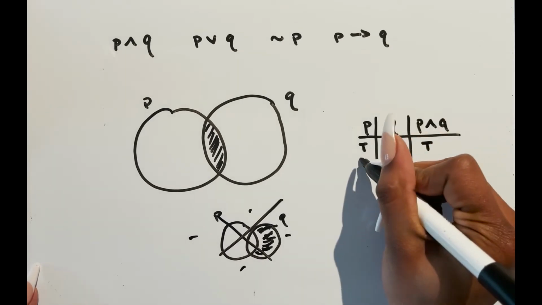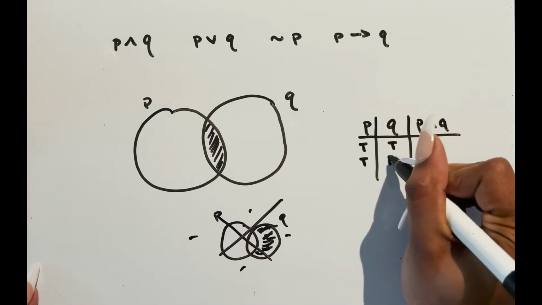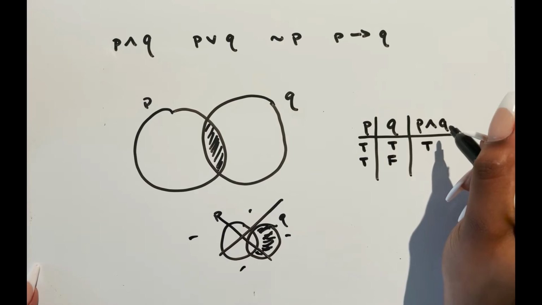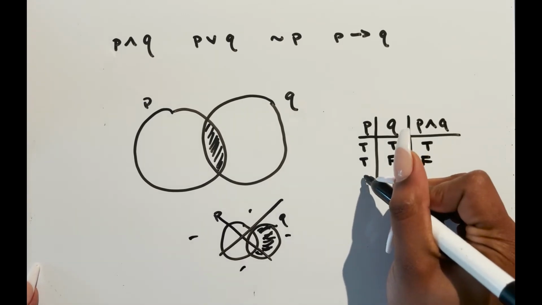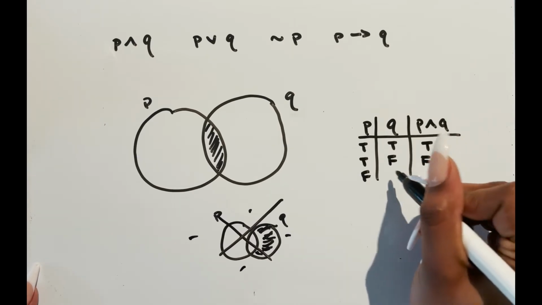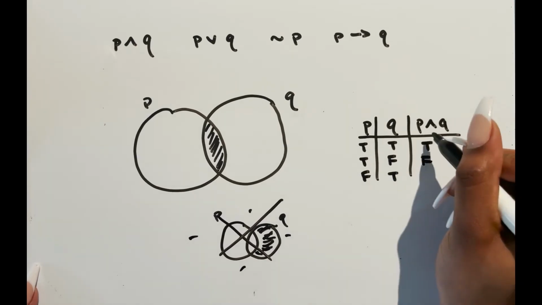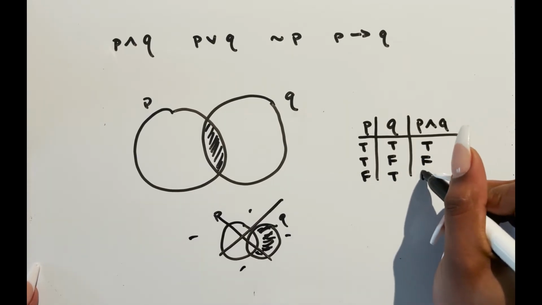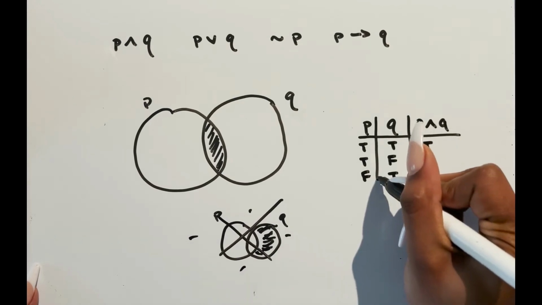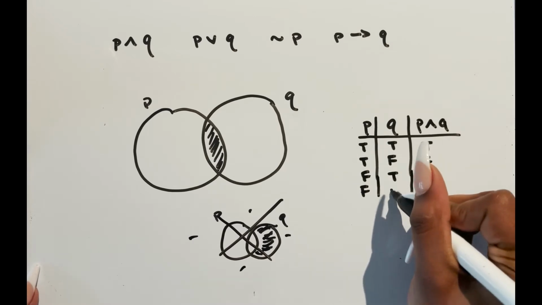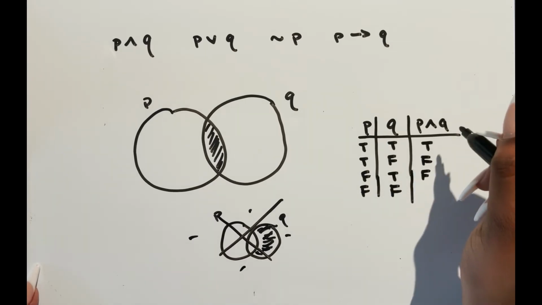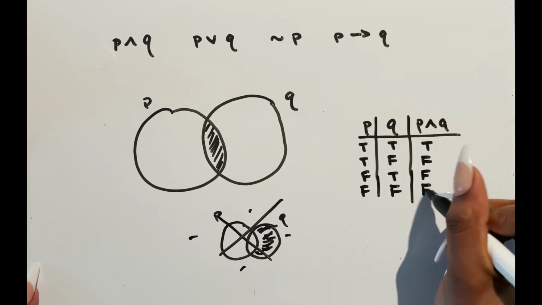When P is true and Q is false, then P and Q is false. When P is false and Q is true, then P and Q is false. And lastly, when P is false and Q is false as well, then P and Q is false.